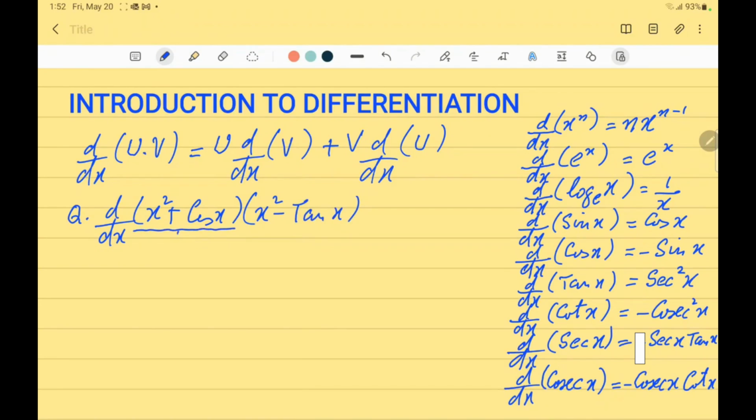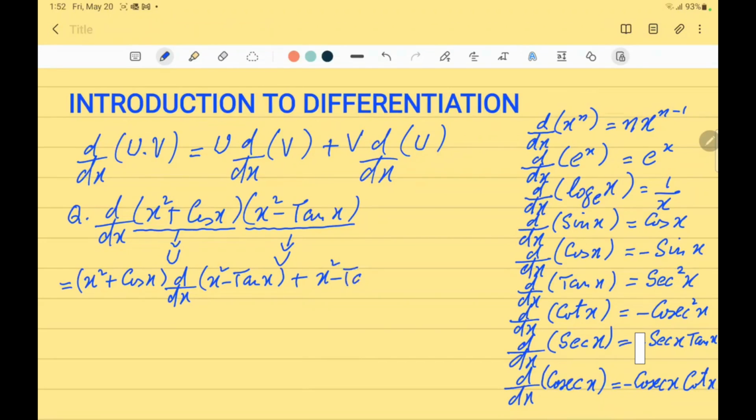This is u and this function is v in this case. Let's apply our formula. First we will write u, which is x squared plus cos x, multiplied by d by dx of v, which is x squared minus tangent x in this case, then plus v, which is x squared minus tangent x in this case, and the differential of u, which is x squared plus cos x in this case.